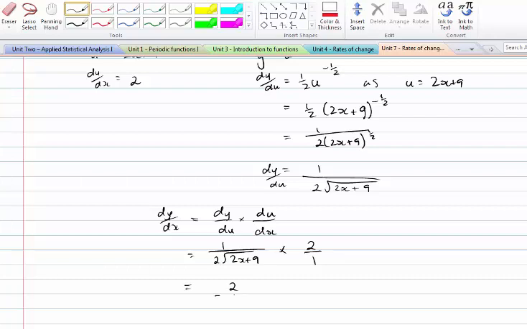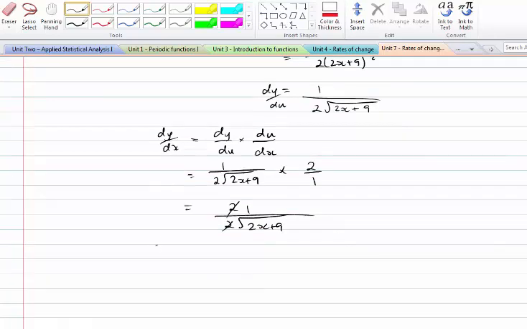So that will become 2 on 2 square root 2x plus 9. Common factor here, so this comes down to 1. And our final answer, dy dx, will be 1 on square root of 2x plus 9.